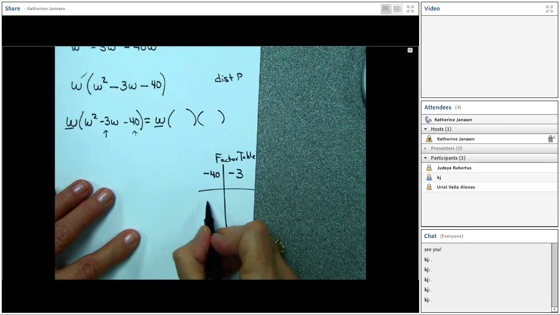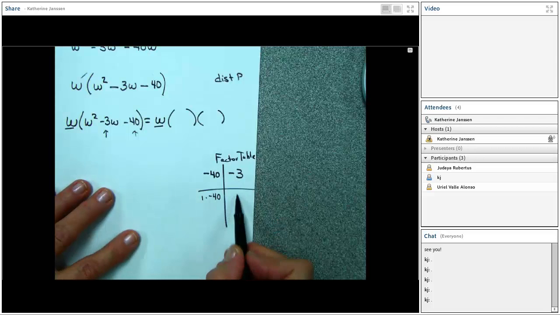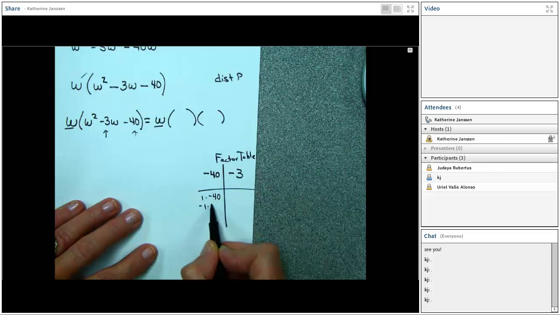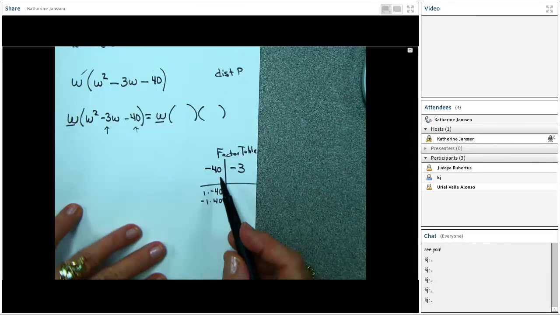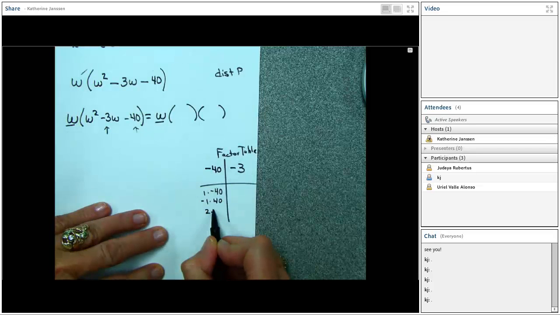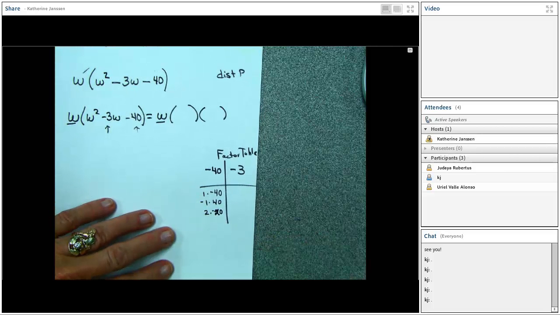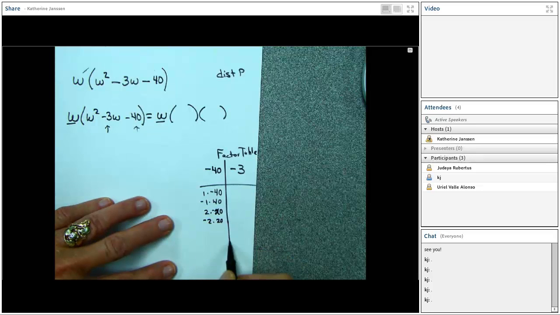So negative 40, that's 1 times a negative 40. That'll be a negative 39. I'm quite a ways from negative 3. Negative 1 times 40 would be positive 39, still quite a ways out. 2. How about 2 times a negative 20? That would be negative 40. A negative 2 times 20, still quite a ways out.